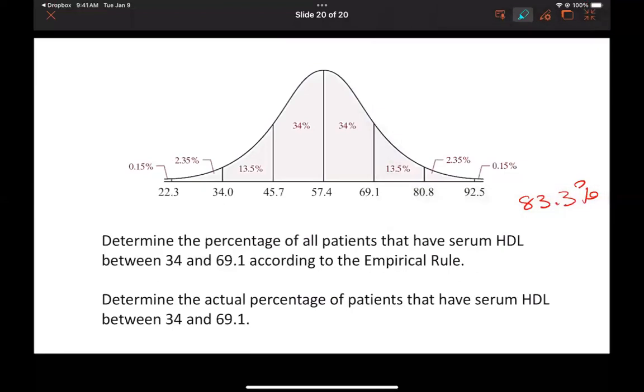No, it's okay. We didn't calculate 3 standard deviations. We were calculating between these 2 values. So notice 34 is right here and 69.1 is right there. So we were just looking for the area between those 2 values.